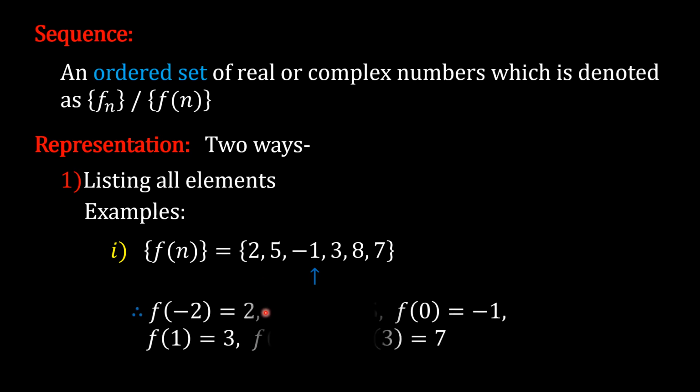That is, we get f of minus 2 equal to 2, f of minus 1 equal to 5, f of 0 equal to minus 1, f of 1 equal to 3, f of 2 equal to 8, f of 3 equal to 7. So we got this listing because of the position of this arrow.